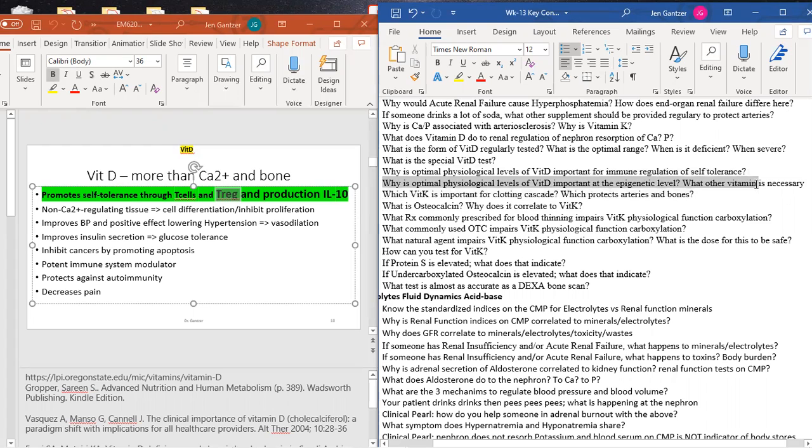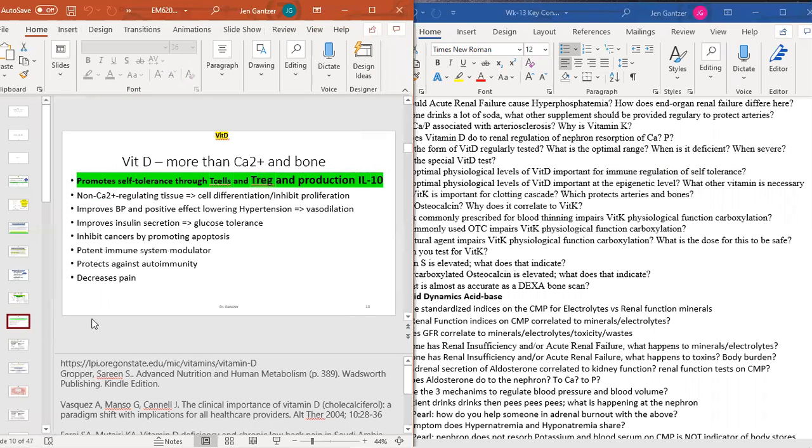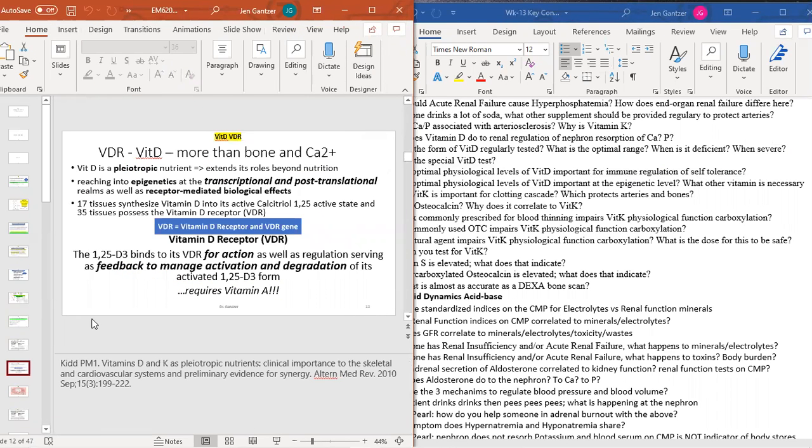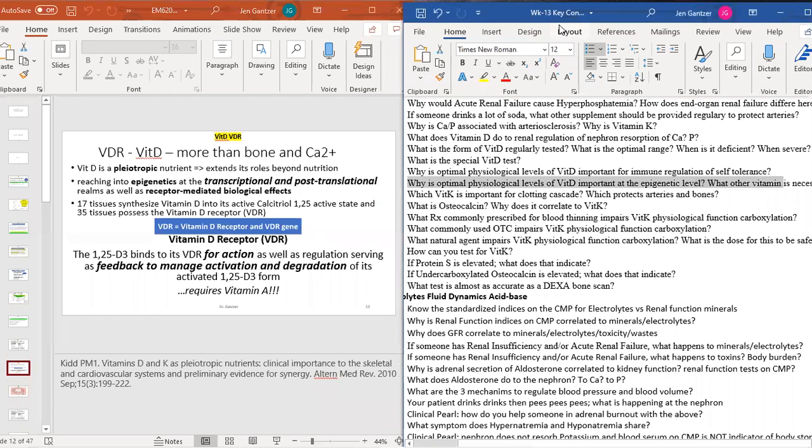Why is optimal physiological levels of vitamin D important at the level of the epigenetic genome? Now, this is important because this requires vitamin A. In order for the VDR, which is your vitamin D receptor, plus there's a VDR gene, the vitamin D receptor gene, the immune cell and 17 different cells have been shown to be able to activate vitamin D for stimulating active physiological roles.